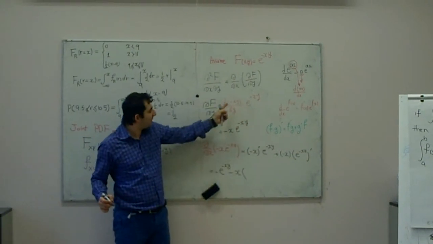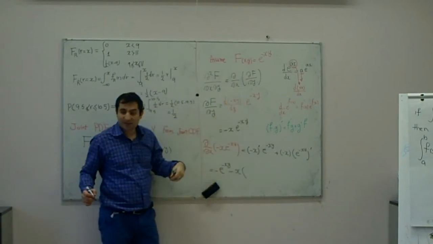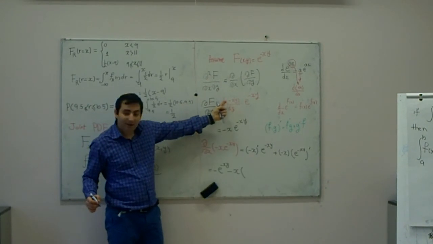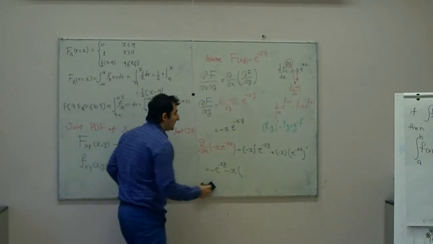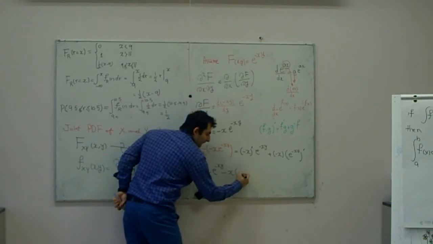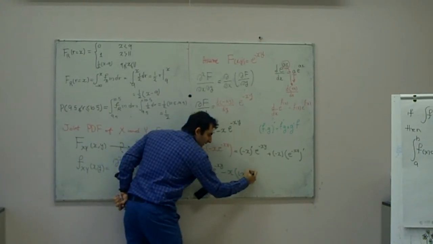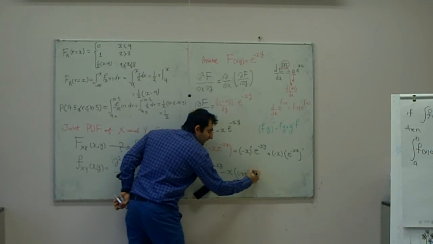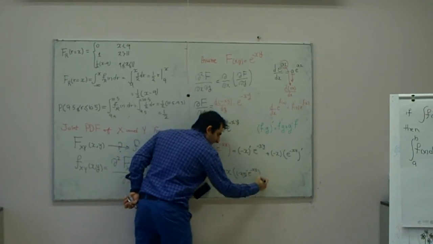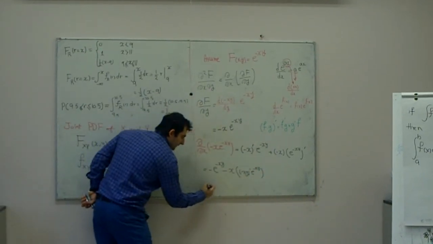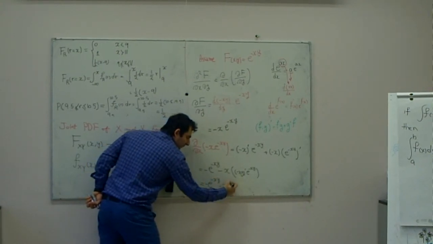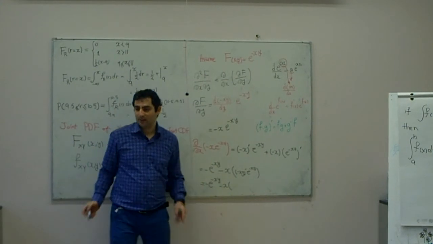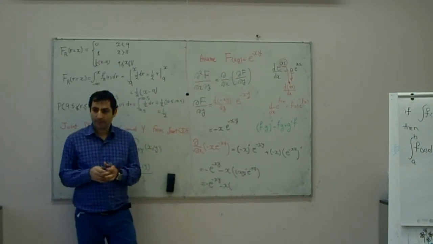We already calculated the derivative of e to power minus xy. It's derivative of minus xy, this time over dx. So it's the minus xy derivative multiplied by e to power minus xy. This is equal to minus e to power minus xy minus x multiplied by, now, I want you to do this. Okay?